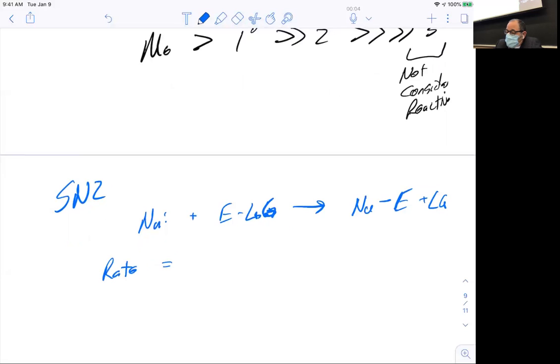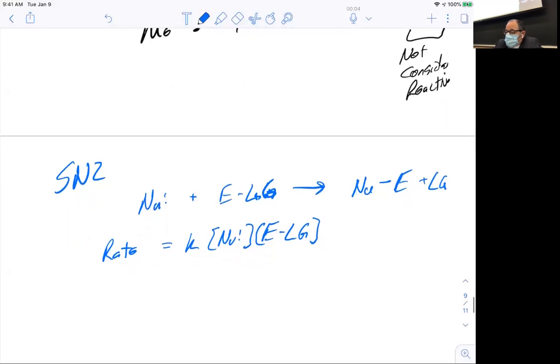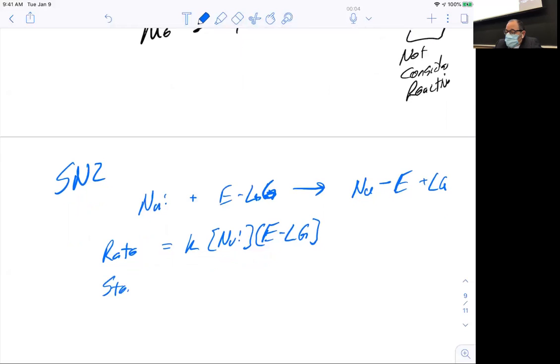The rate is going to be equal to the constant times the concentration of my nucleophile and the concentration of my substrate. Stereochemistry is going to be inverted.